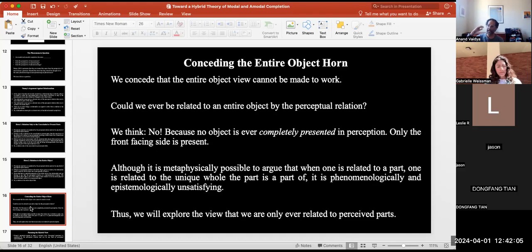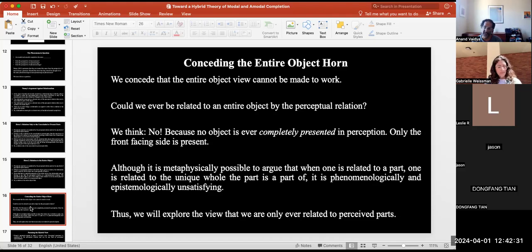So if being related to an entire object requires some kind of relation that spreads to the surface area of the object in its entirety, then it would seem that the perceptual relation could never be to an entire object. And that's simply given by the phenomenological fact that all perception is perspectival. It never discloses the object completely, at least in a three-dimensional case.